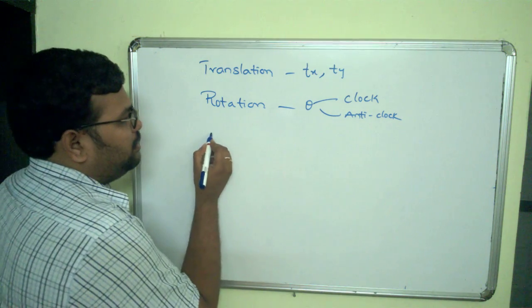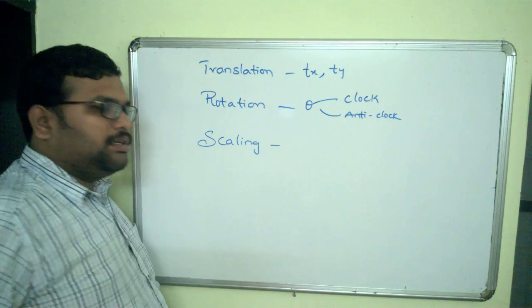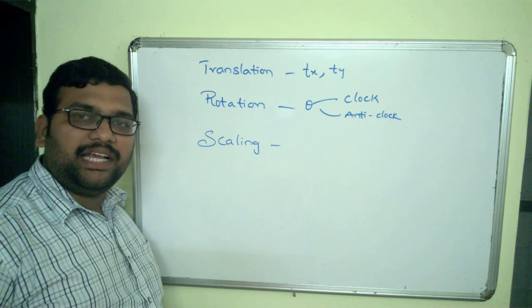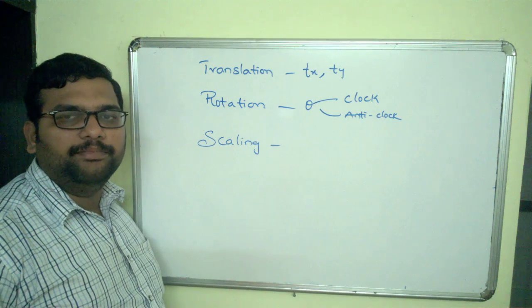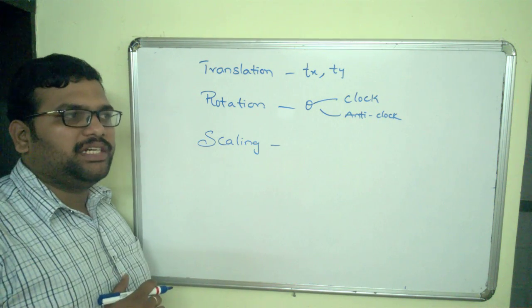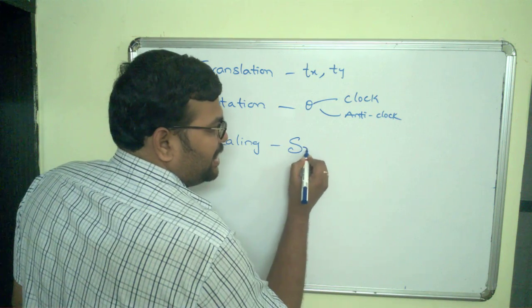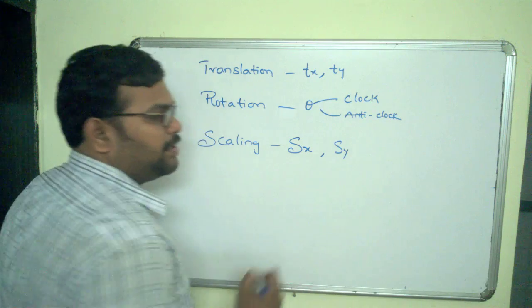And coming to the third one, the scaling, it changes the shape and size of an object. The change of size and shape of an object depends on two parameters, that is scaling parameters sx comma sy.